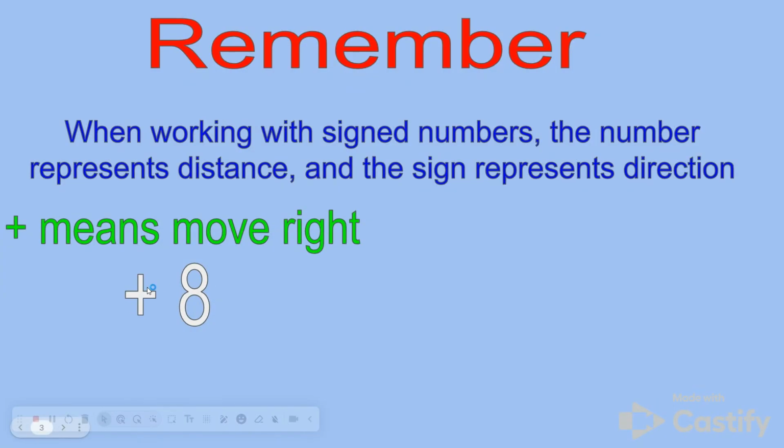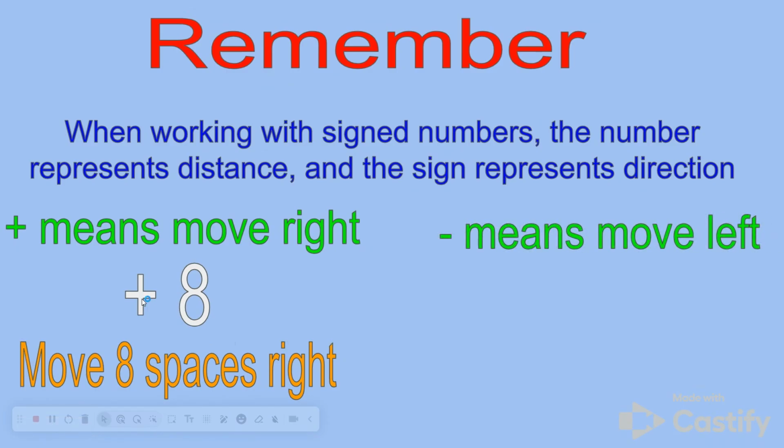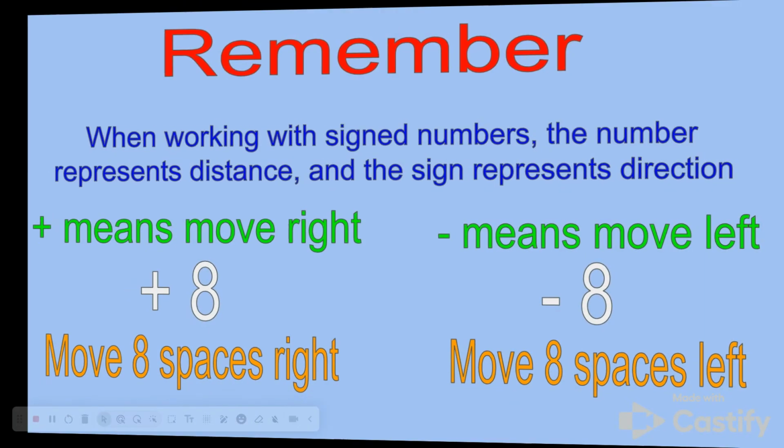Starting at 0, you're 8 spaces to the right. That's positive 8. On the other side, a negative means we're moving left. So negative 8 means starting at 0, we move 8 spaces to the left. That's what negative 8 means when we're talking about signed numbers.